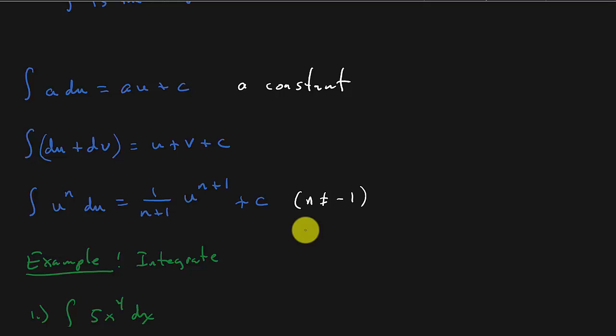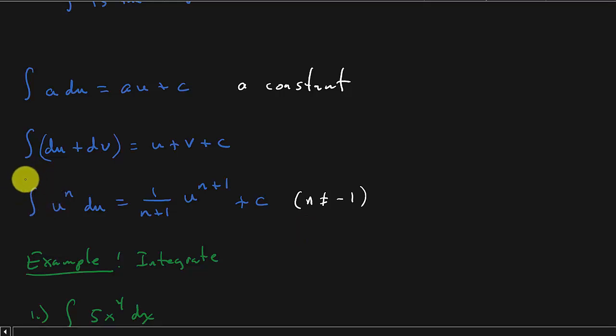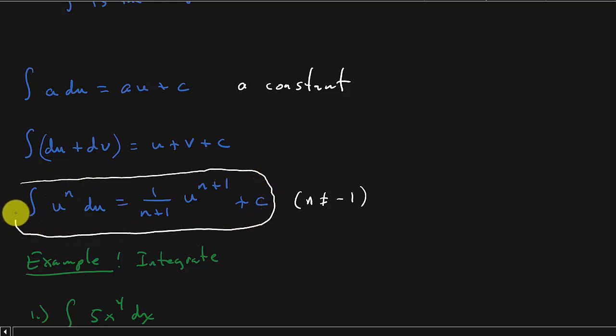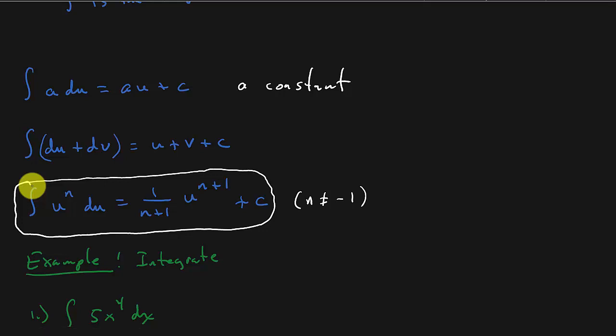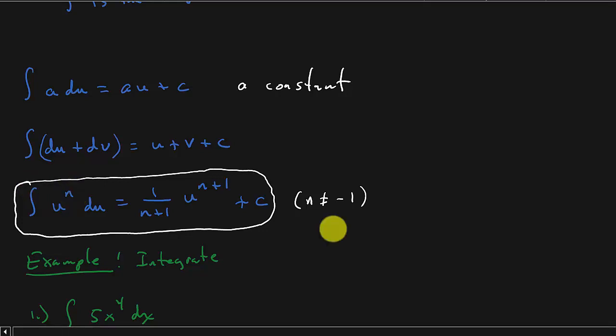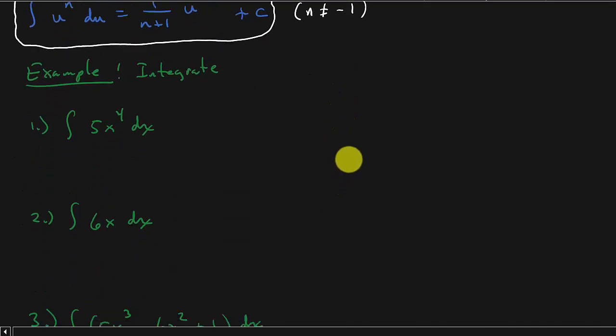But the main thing that you've got to remember is this right here. The only thing we know how to integrate is x raised to a power, or some variable raised to a power. And that exponent, n, is a number. All right, so let's look at this.